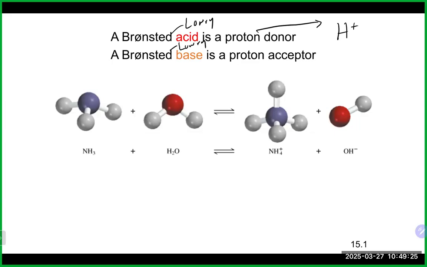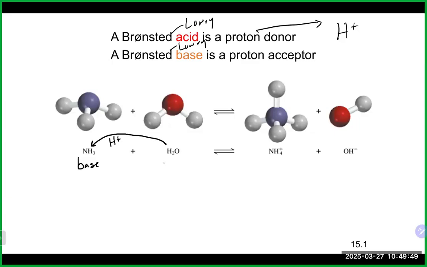Now, a consequence of the Bronsted-Lowry definition is that it will actually make some pairs on the other side that are related to each other. So in this particular case, what's going to happen, as I mentioned, is the NH3 is going to accept the H plus, and that's going to make our NH3 our Bronsted-Lowry base.